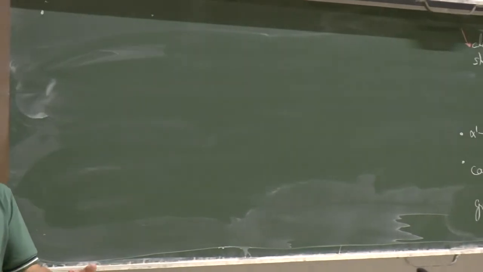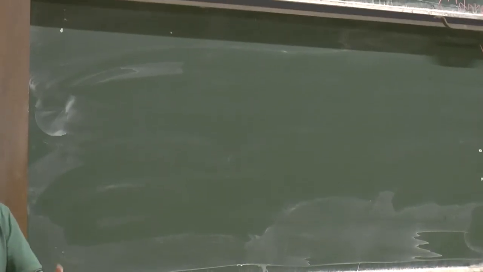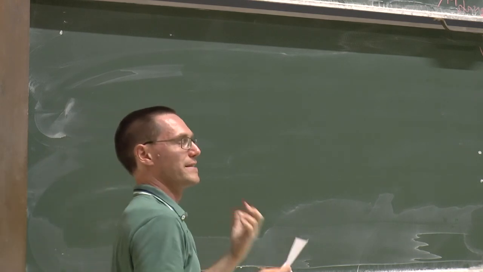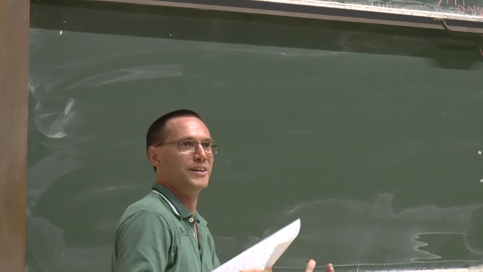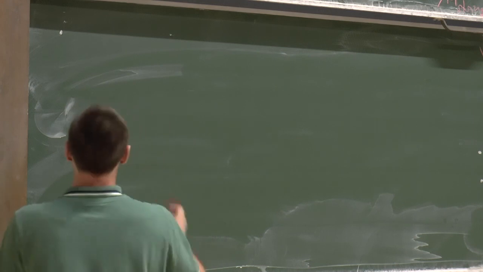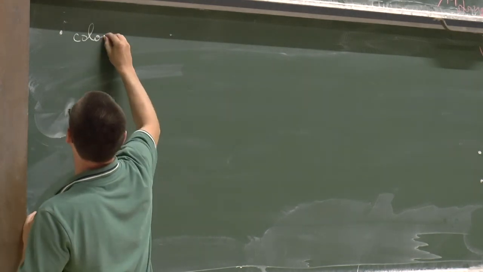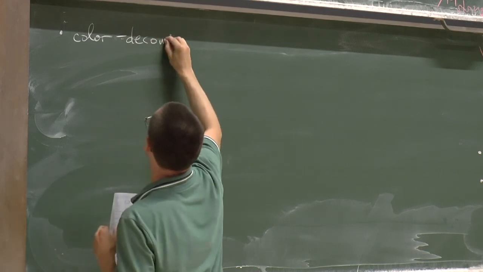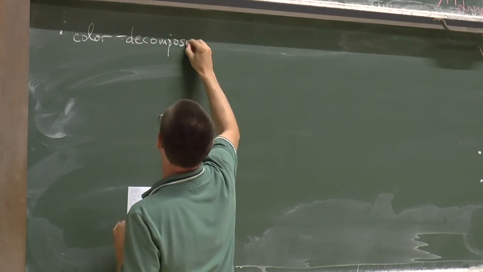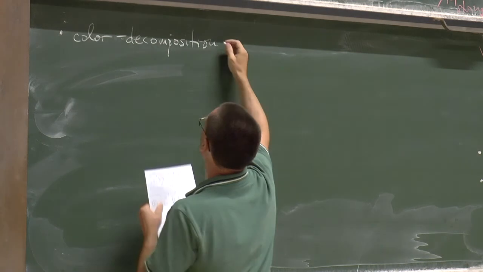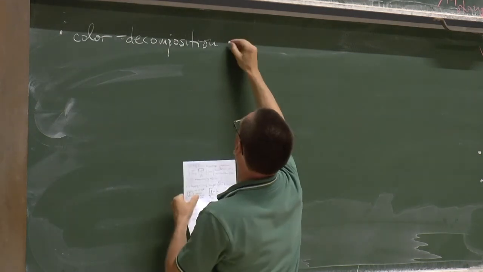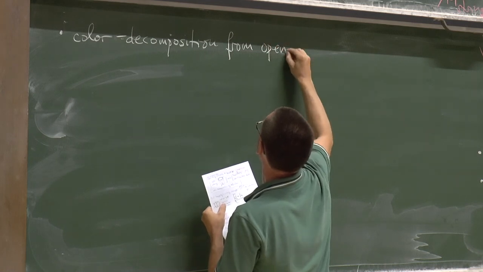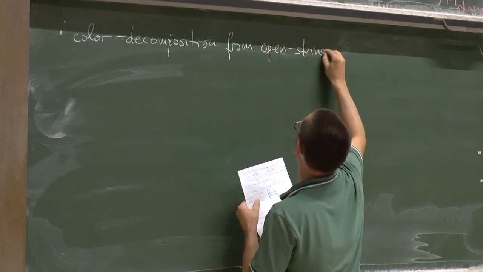So I guess you have seen in the lecture of Johannes Henn the notion of color decomposition, which is super useful to organize gauge theory amplitudes into digestible packages. And this kind of color decomposition comes, if you wish, by definition from the string worldsheets. This comes from the fact that you have open string punctures on a boundary.